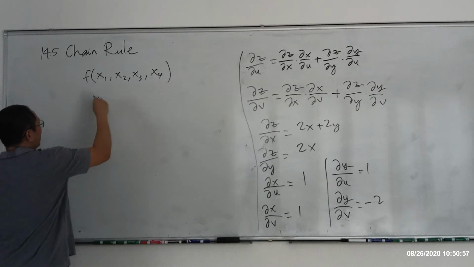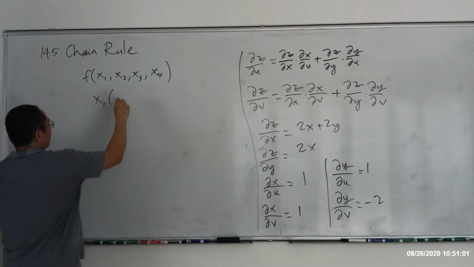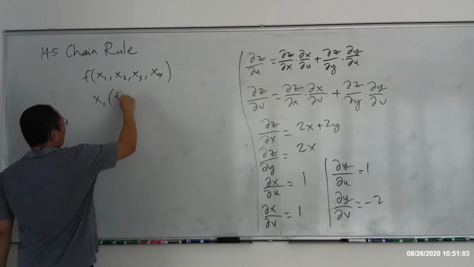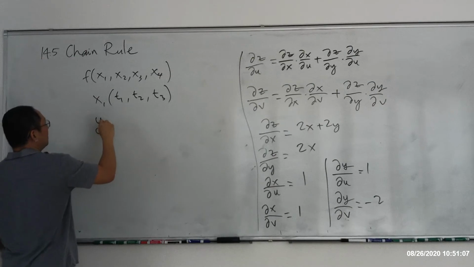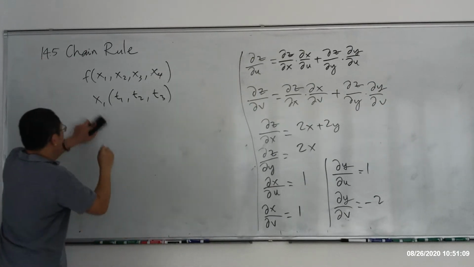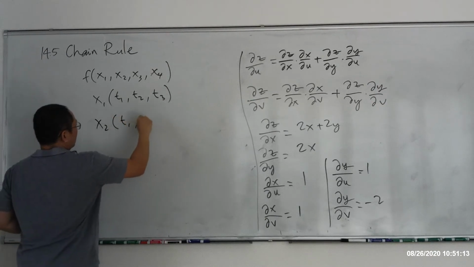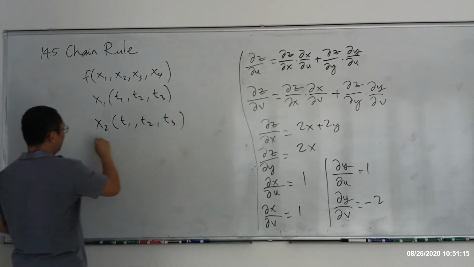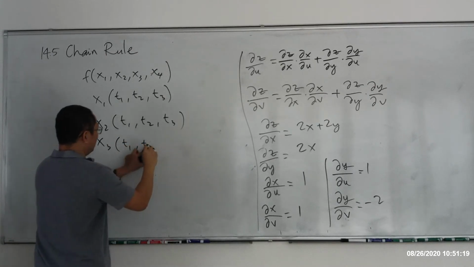Where x1 is a function of, say, 3 variables, say t1, t2, t3, okay? Of course, x2, there's no y here. x2 is also another function of 3 variables, t1, t2, t3, then x3 is also a function of t1, t2, t3.